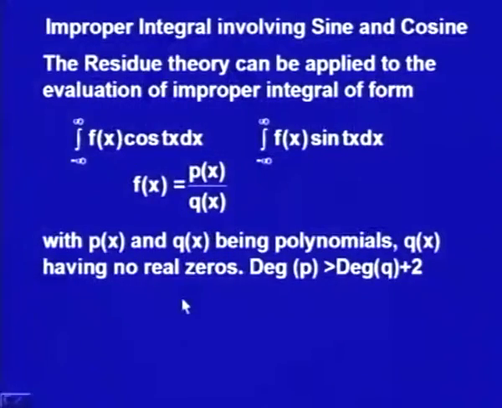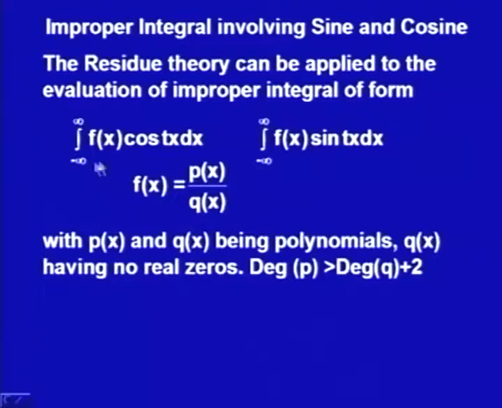Moreover, q(x) will not have any real zero. So all the conditions imposed in the previous method are also imposed over here.